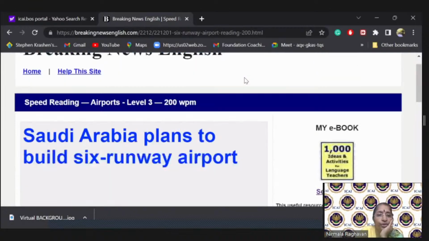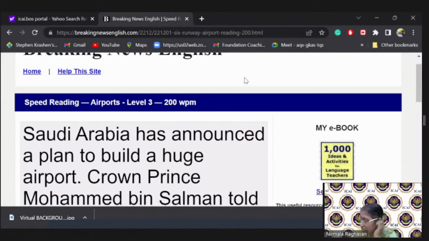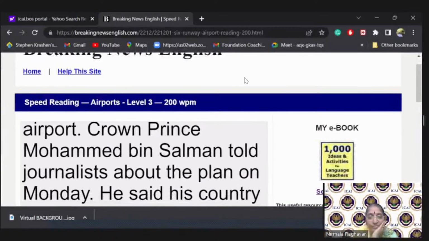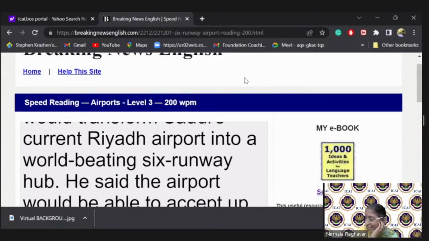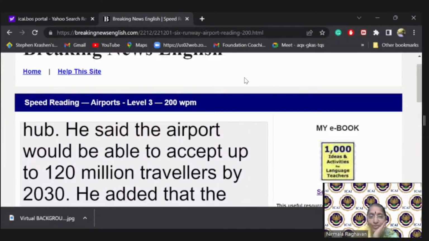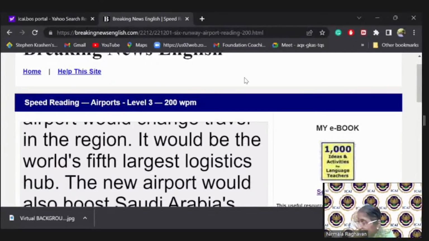Why isn't it moving? See here. Read quickly as it moves. If you're able to read it, then you read 200 words per minute. This is for your own self-improvement.